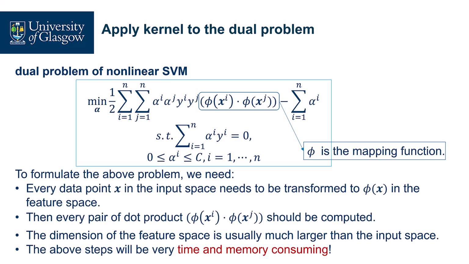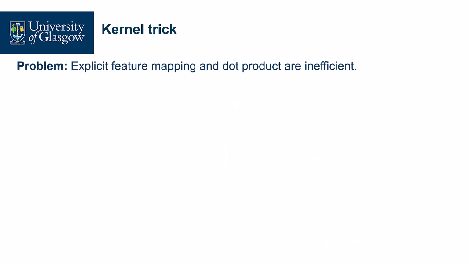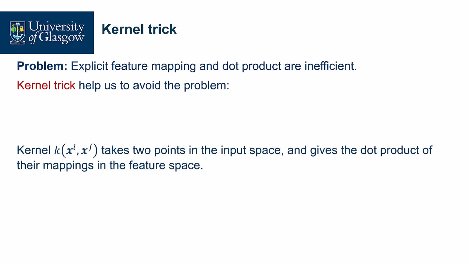So we want to make this problem solved more efficiently, right? So how do we solve it? There is a method we call the kernel trick, which helps us avoid the inefficient calculation problem. With the kernel trick, we can find a kernel function.